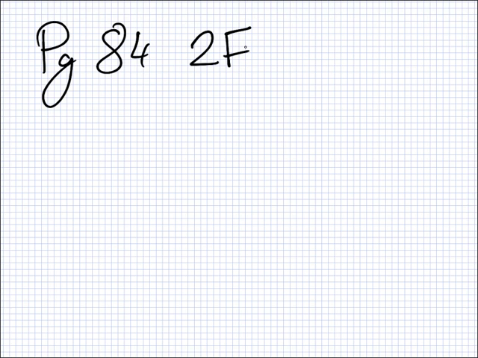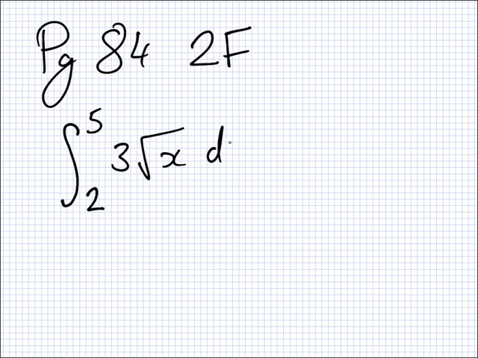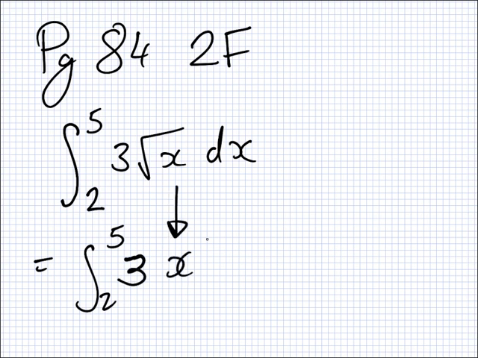Alright. Okay. Now, 2f: integrate from 2 to 5 of 3 root x dx. Okay, so Hazza, what do we do first? Change the root x to x to the power of a half.